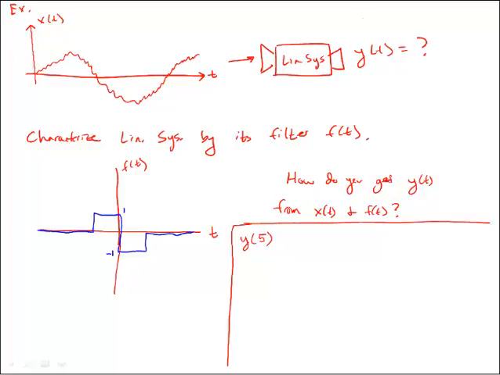Our filter is, let's say this was 0.5 seconds, and this was minus 0.5 seconds, centered at 0. So our window is the length of our filter, which is just 1 second. So that will be the length of the window.